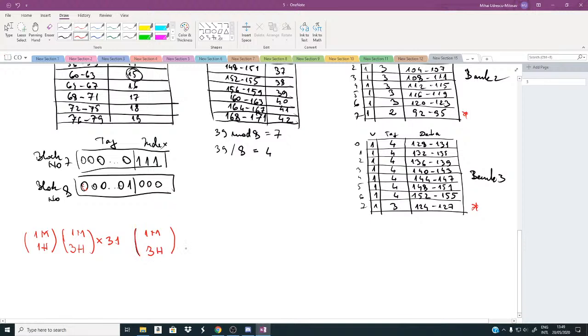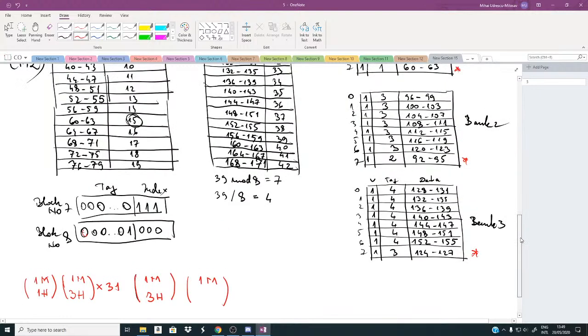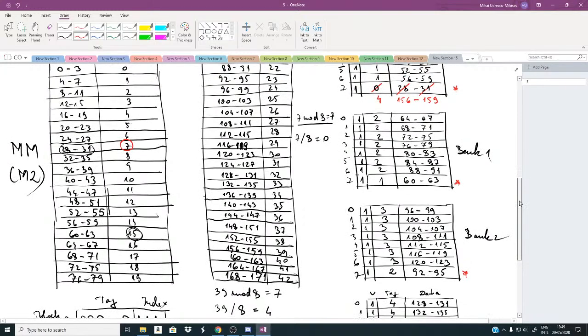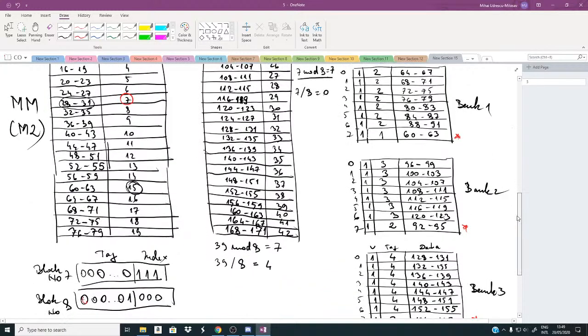And then we have 160, and that is a miss. When the processor needs 160, why? 160 isn't here, obviously. Where is 160? Well, it's here in this block 40. 40 modulo 8, that's 0, and 40 divided by 8, that's 5, obviously.